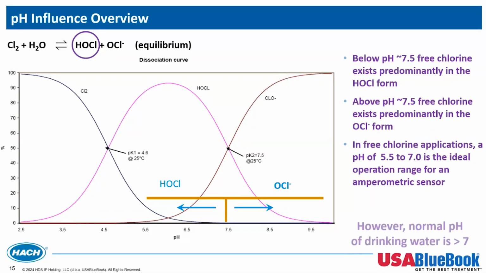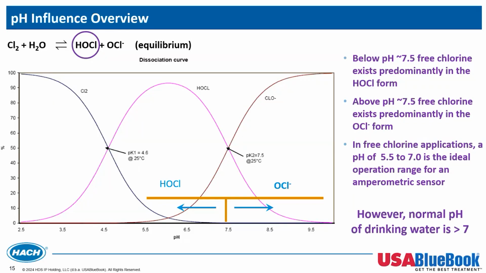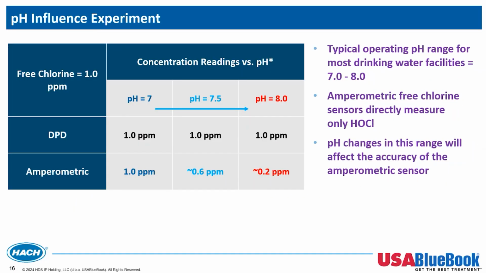And if you think about normal drinking water applications, the pH is usually above 7, and sometimes it's above 8. How does it influence the response of those two technologies? Let's look at this experiment.